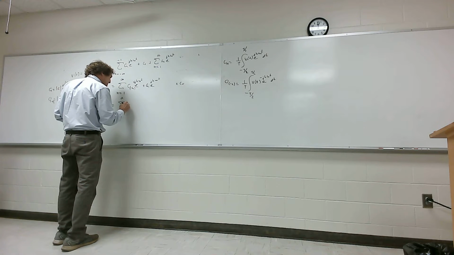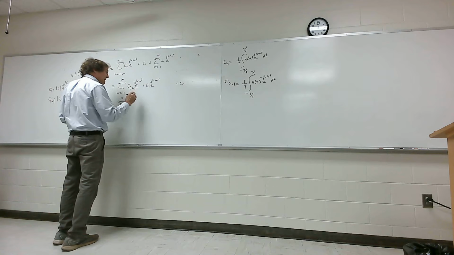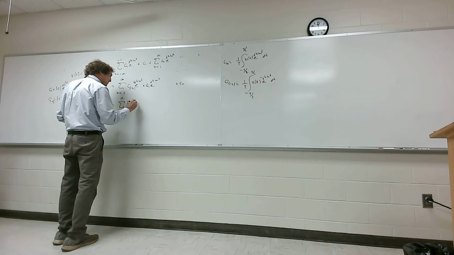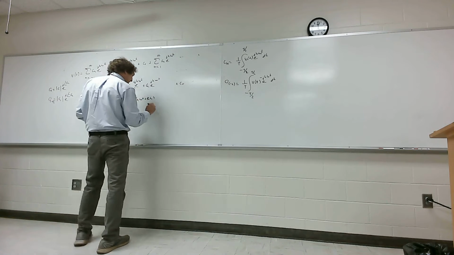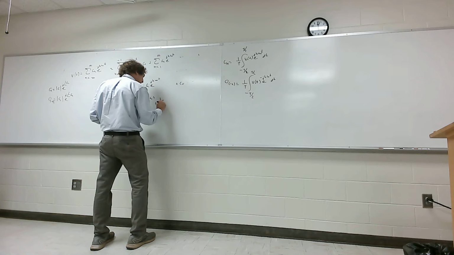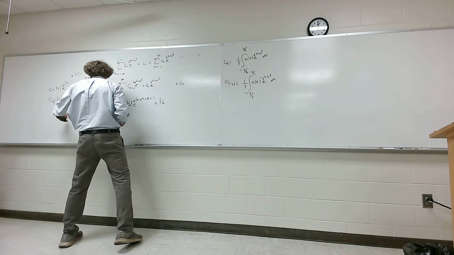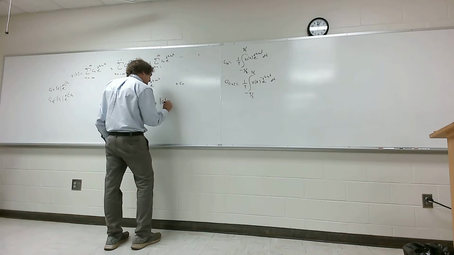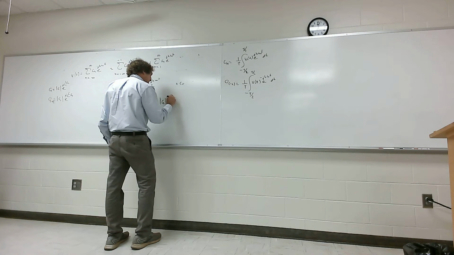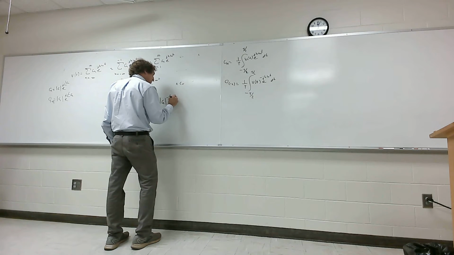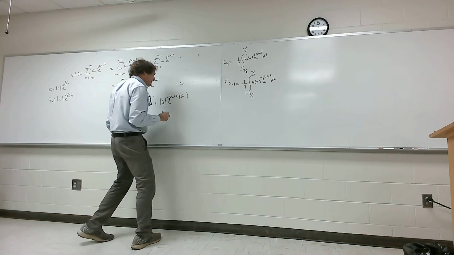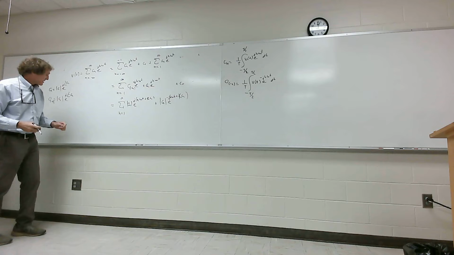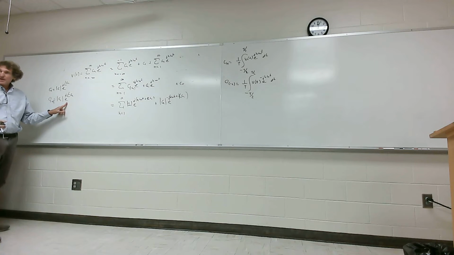So it's going to be the magnitude of C of n times e to the j n omega naught t plus the phase angle of C of n, and it's plus the magnitude of C of n, that's the negative one, times e to the minus j n omega naught t, but it's also going to be plus the phase angle of C of minus n. Now, that is actually the minus phase angle that's associated with this. Do y'all follow me? How many see what I'm doing here?